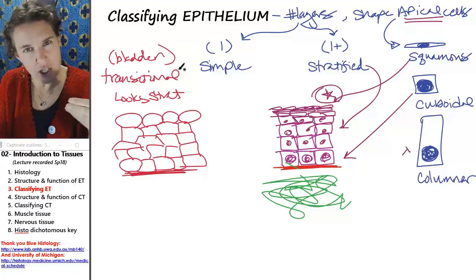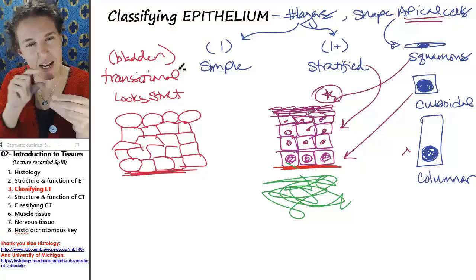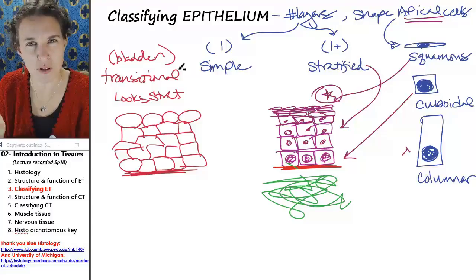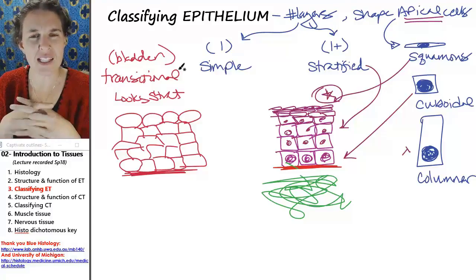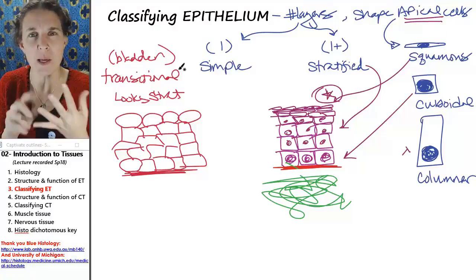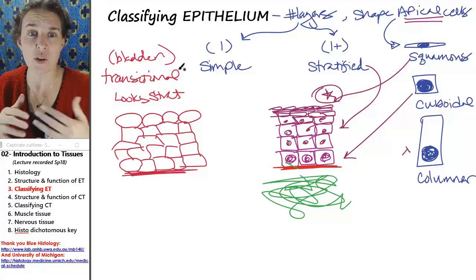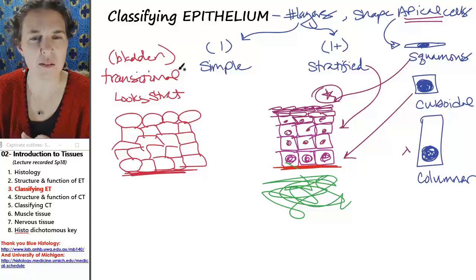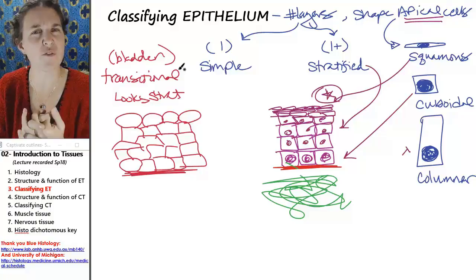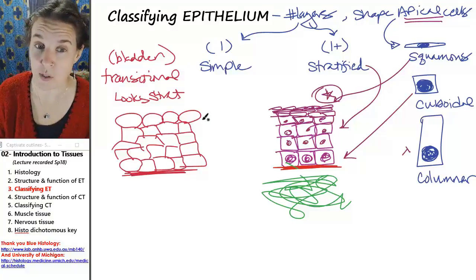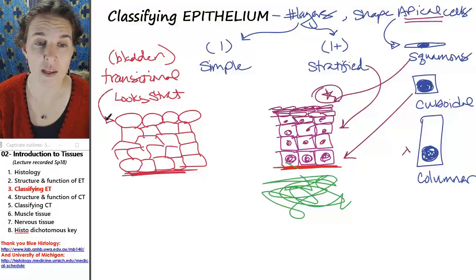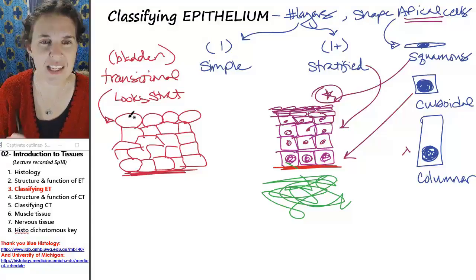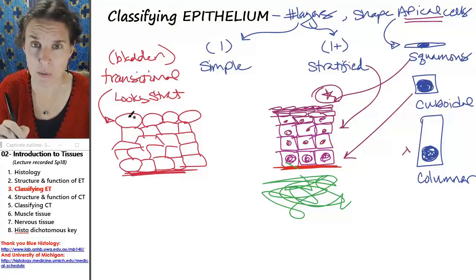This is a stretchy tissue, and when stretched it actually looks simple. So it's a bizarre tissue depending on whether you get it relaxed or not, and then you might be confused. But I will always show it to you in relaxed form with these really distinctive, bubbly, luminal cells.